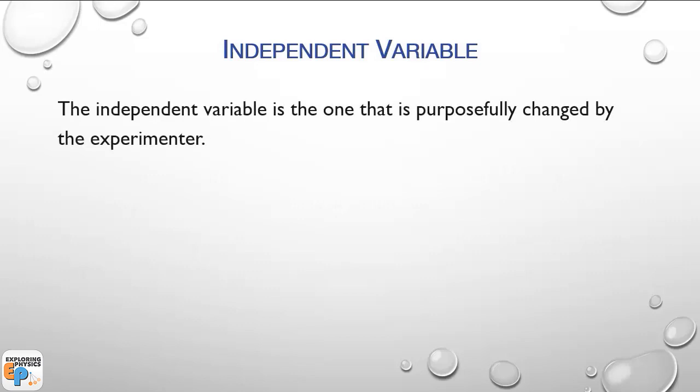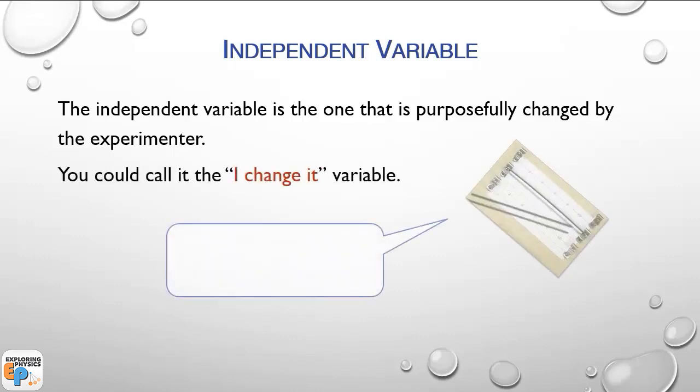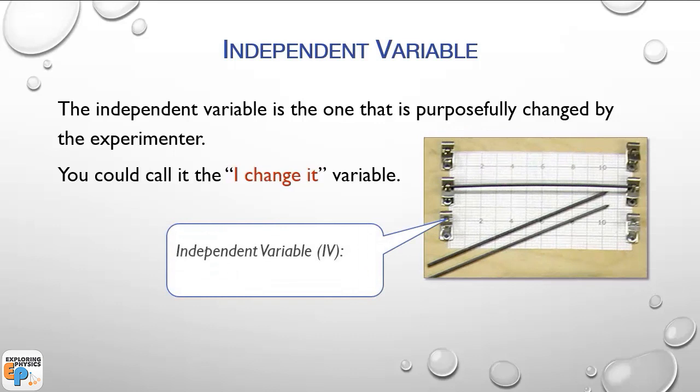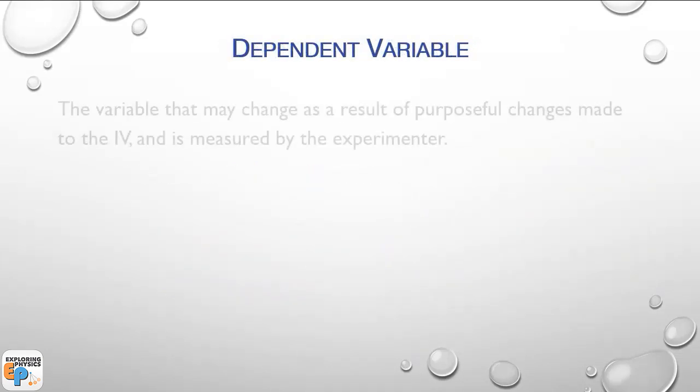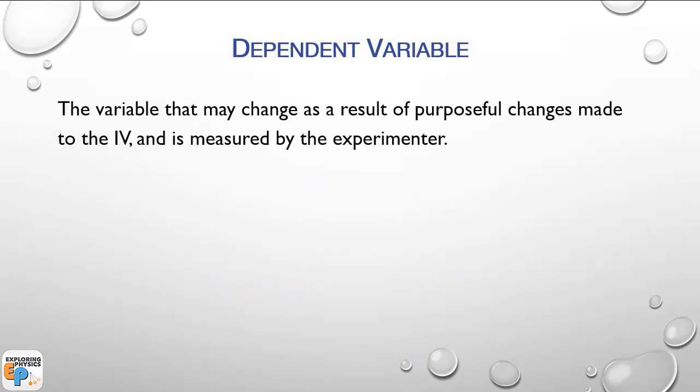The independent variable is the one that is purposefully changed by the experimenter. You could call it the "I change it" variable. Here, the independent variable is the length of pencil lead. The variable that may change as a result of purposeful changes made to the independent variable, measured by the experimenter, is called the dependent variable.